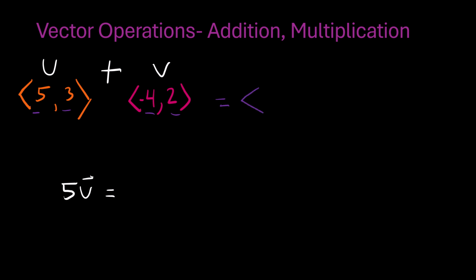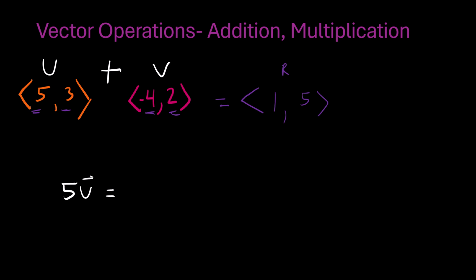So in other words, you add 5 plus -4, which is 1, and then 3 plus 2, which is 5. You can call this the resultant vector. So you just add the x's together and then the y's together, and then you can plot this and see how that works.